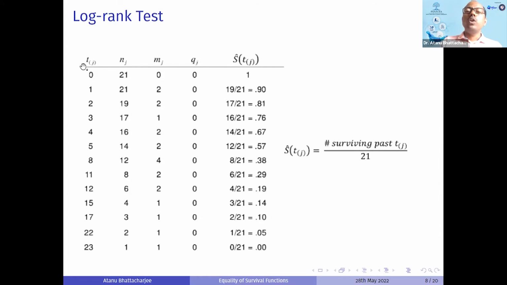So one conditional probability is applied here, and that conditional probability is the multiplication of the earlier time point survival with the next time point survival, which gives us the correct survival. So it is not basically 17 by 21, it should be 17 by 19, times 19 divided by 21.